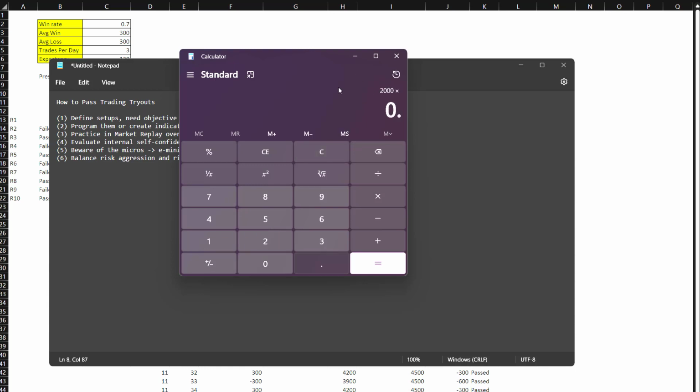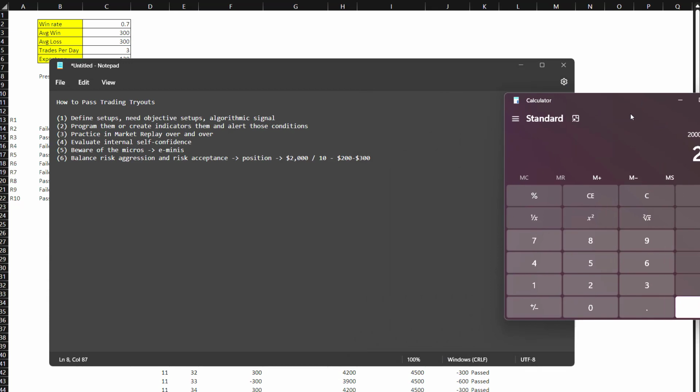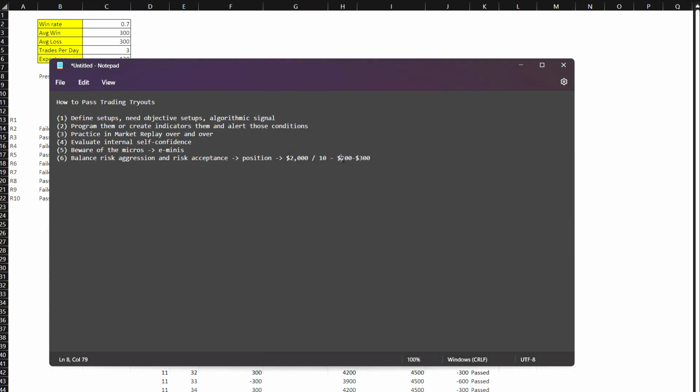If you count it this way, it's a little more than what you'd want. But that's why it's tough. You would want to be at about 7% risk. That's a little bit low, I think, 140. So we'll put it this way, okay? Risk per trade, $150 to $300 per trade. That's going to allow you to pass in a reasonable number of trades, a reasonable number of days, okay?